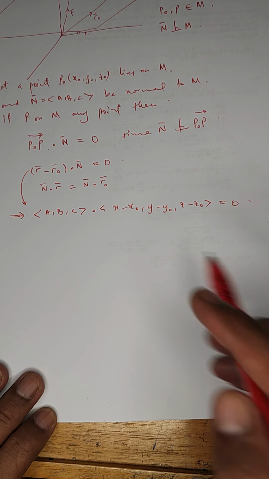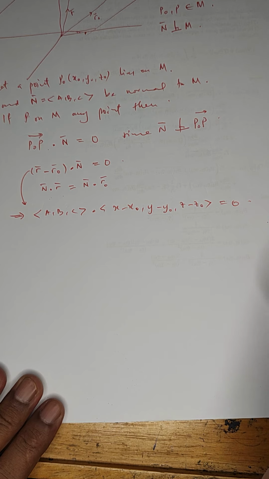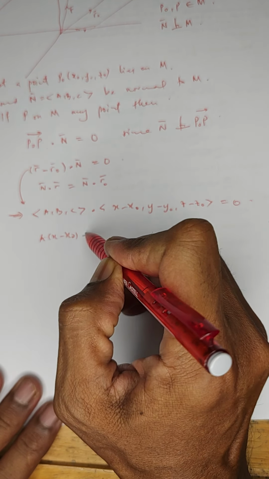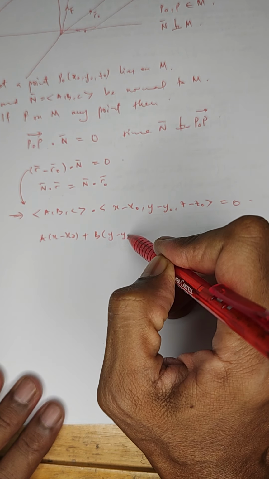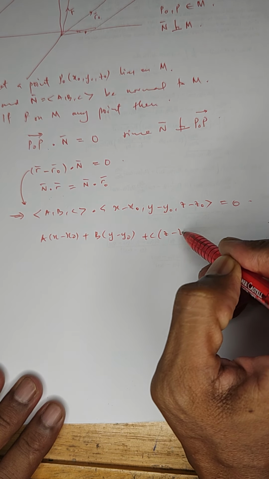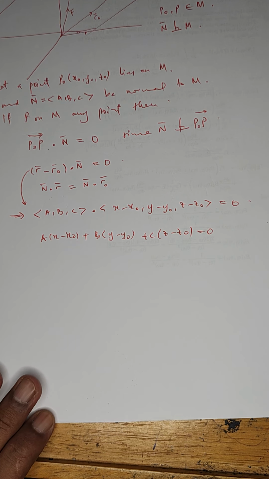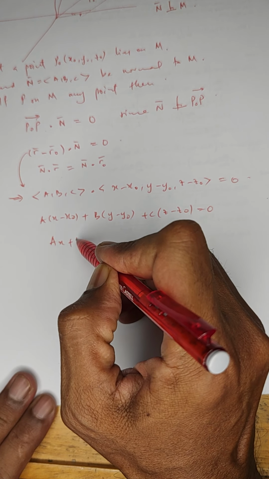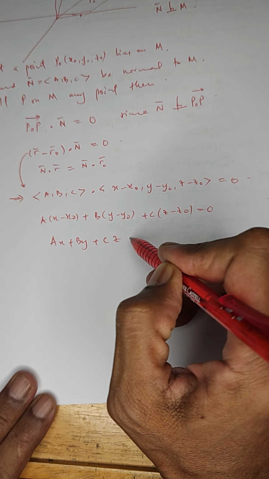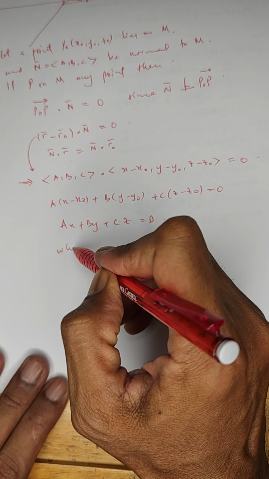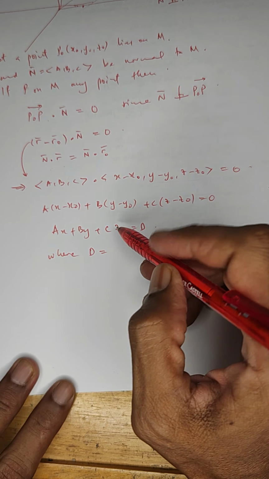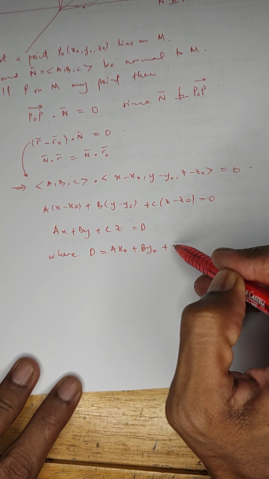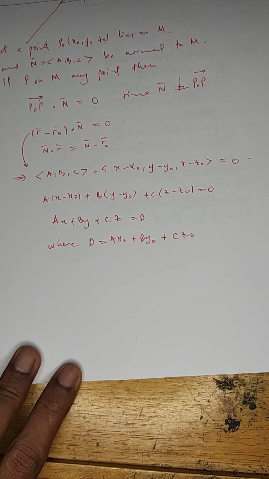Expand those, perform the dot product, so that we have a(x minus x0) plus b(y minus y0) plus c(z minus z0) equal to 0. Simplify those, we have ax plus by plus cz equal to d, where d is ax0 plus by0 plus cz0.